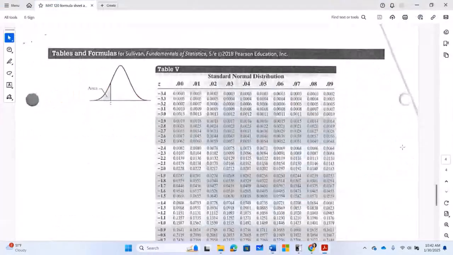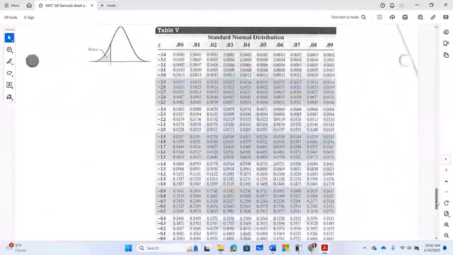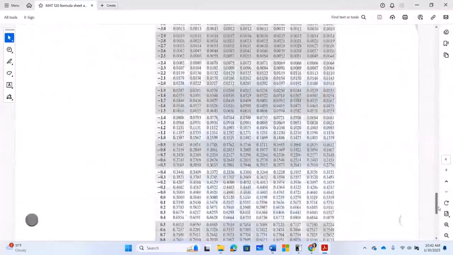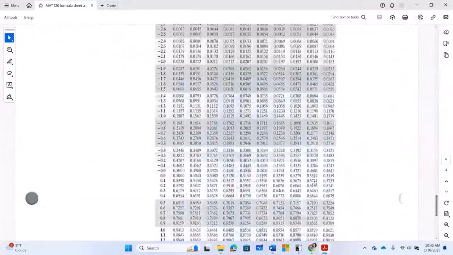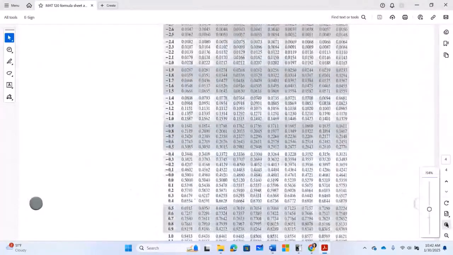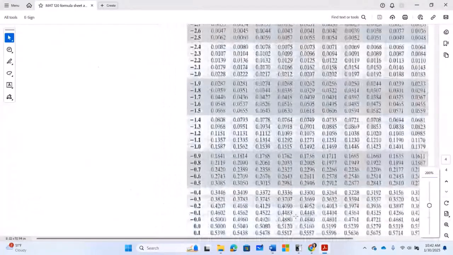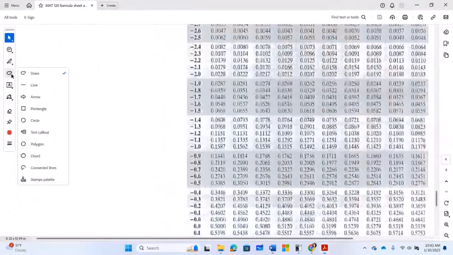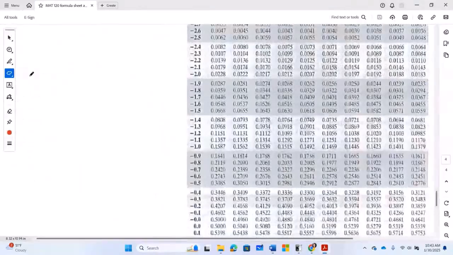All right, so I am looking for 0.4, and everybody needs to look. Where is 0.4 on the Z chart? Okay, 0.4 is right here.